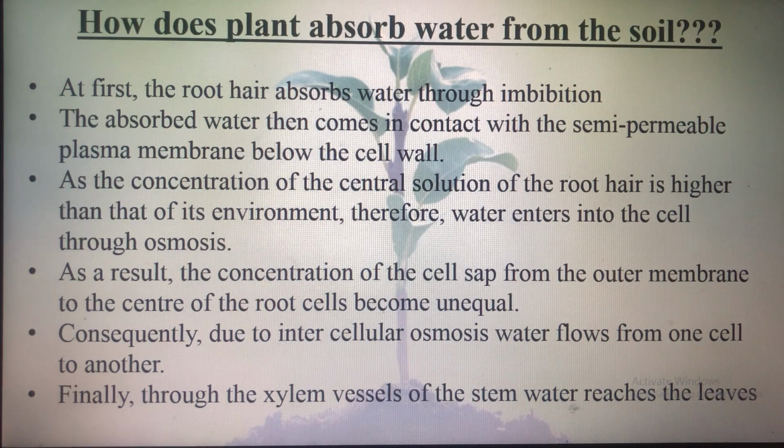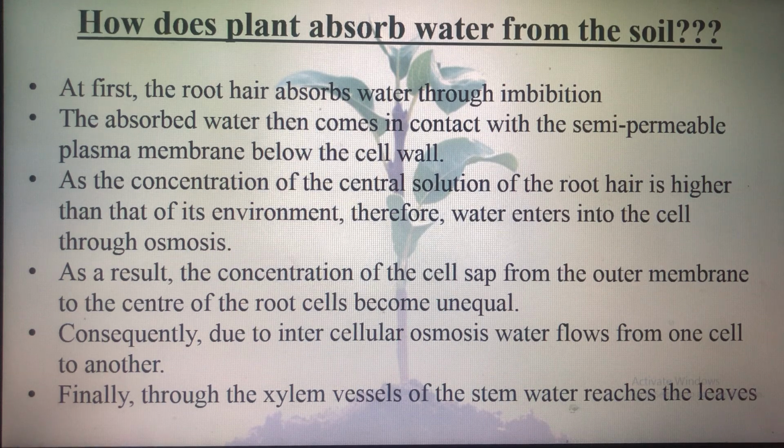Suppose I take a spoon of sugar and put it in a glass of water, and I put the same amount of sugar in a jug of water which contains much more water than the glass. Now if you think carefully, in which solution will the concentration be higher? Of course in the glass, right? Because the amount of solvent is less in the glass in comparison to the jug.